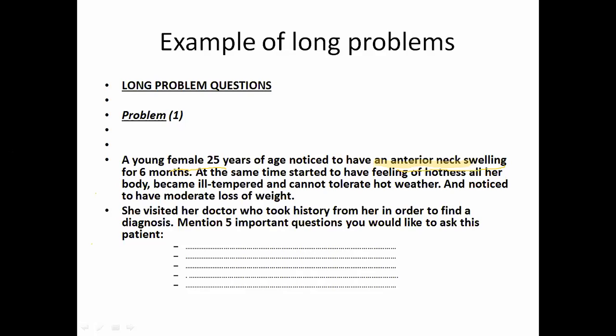She is young, female, 25. Most likely this is thyroid disease with symptoms suggestive of hyperthyroidism, thyrotoxicosis. What is the common cause of thyrotoxicosis in a female of 25 years?